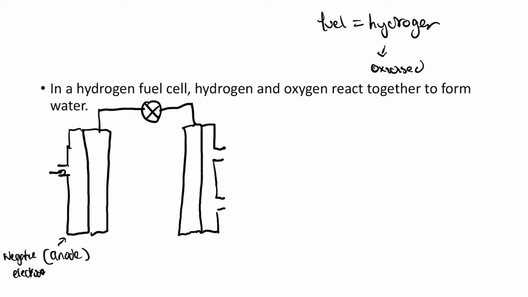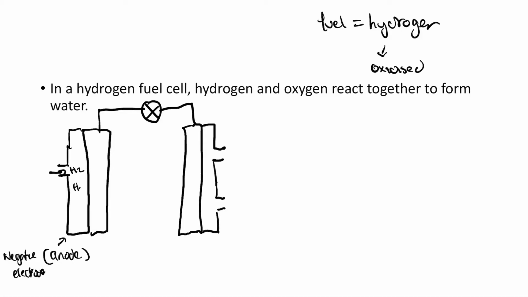Now don't get this confused with electrolysis, because in electrolysis the anode is positive and the cathode is negative, and in cells it's the other way around. And that is a bit confusing, but just remember that in fuel cells it's the other way around. So the anode is actually negative and the cathode is actually positive. So as we said, hydrogen is fed in at the negative electrode, which is the anode, and that happens here.